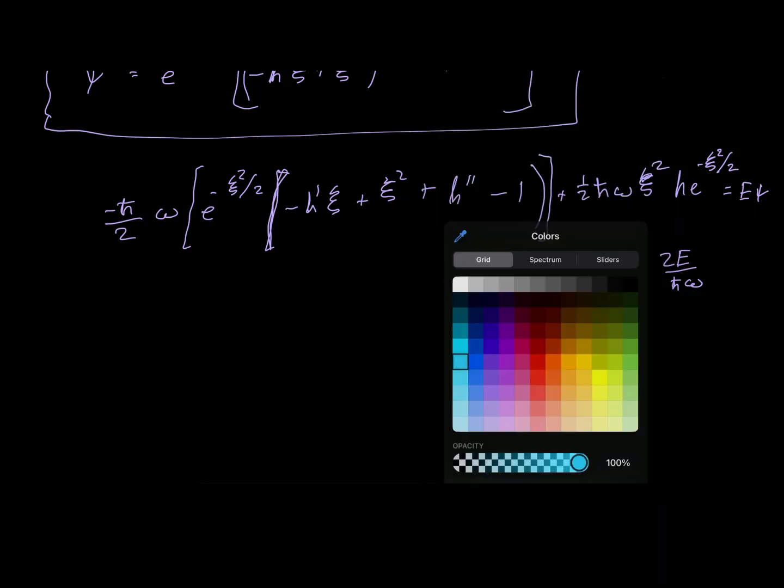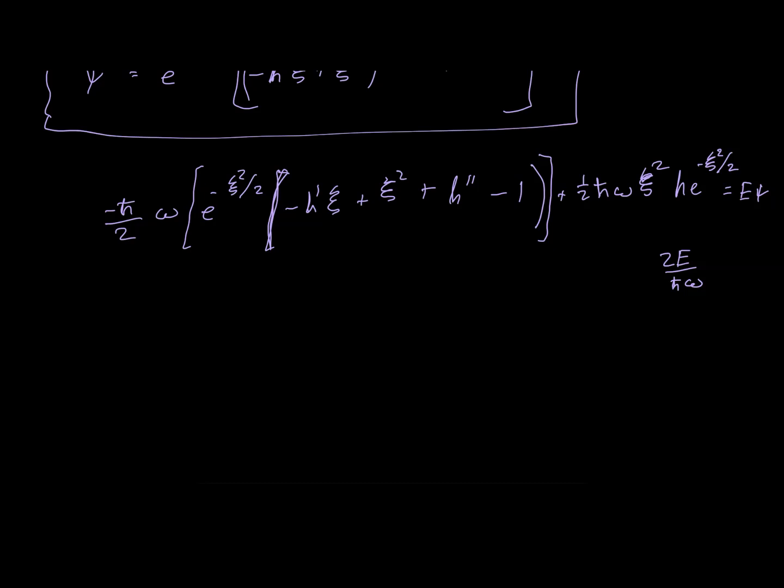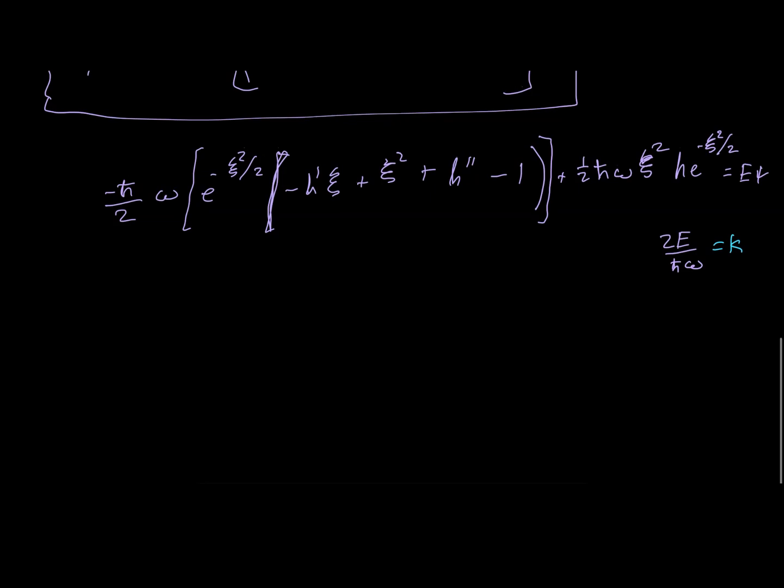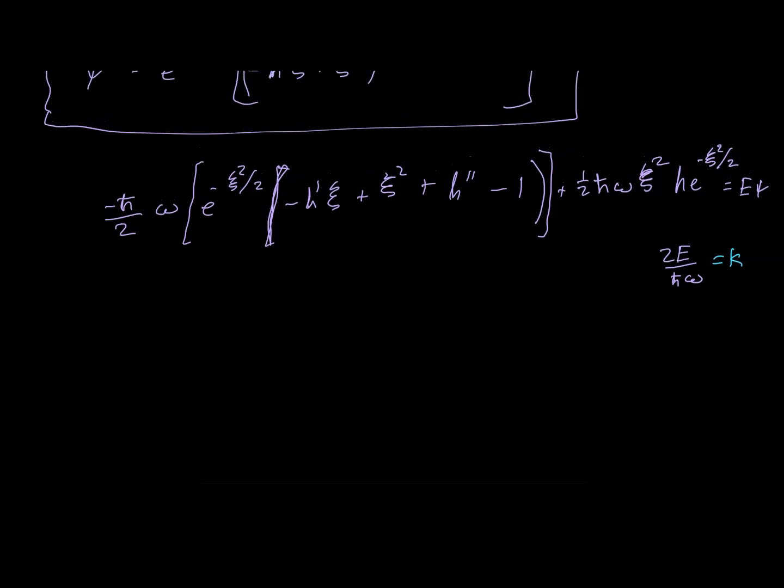All right, because that's the form we want, because that equals k. Okay. So we're multiplying everything by 2 over h bar omega. Okay, so you can notice right away that when we do that, the 2 over h bar omega cancels this.